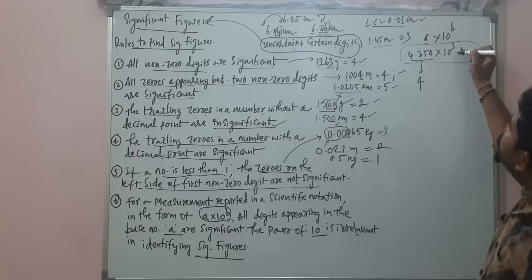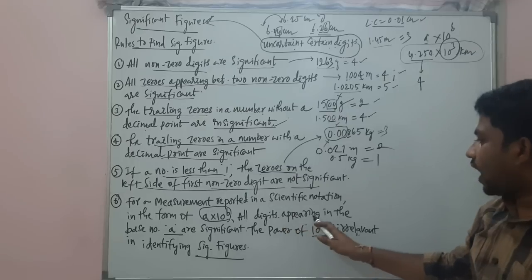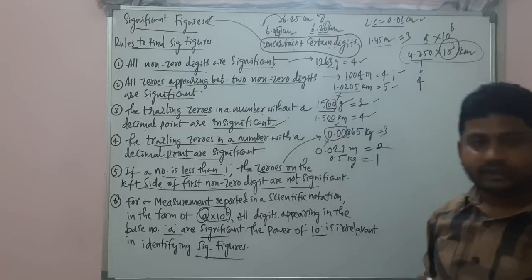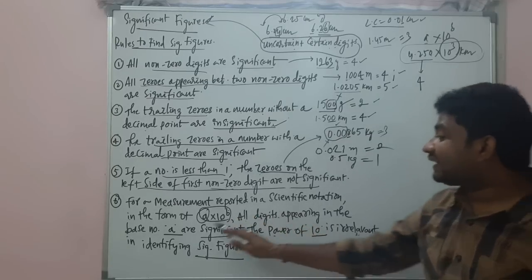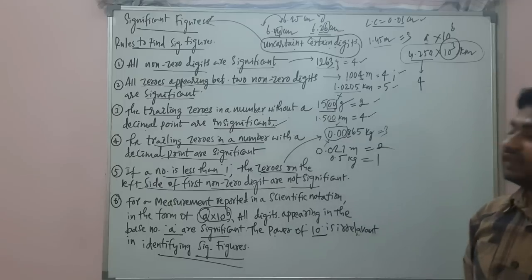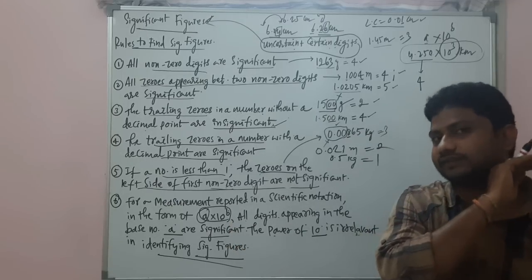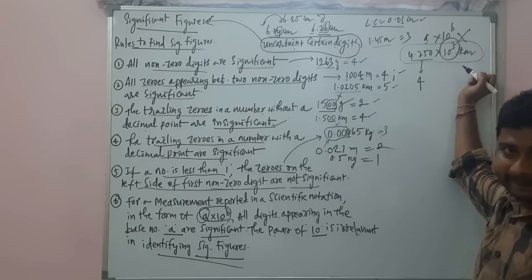All digits appearing in the base number A are significant. The power of 10 need not be considered, so you should never count significant figures from here.